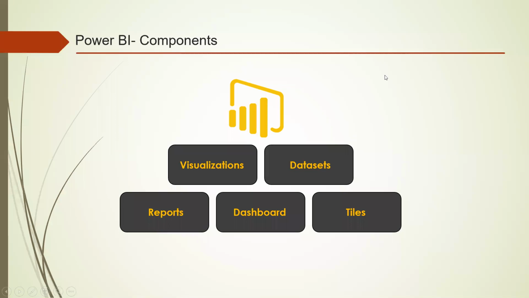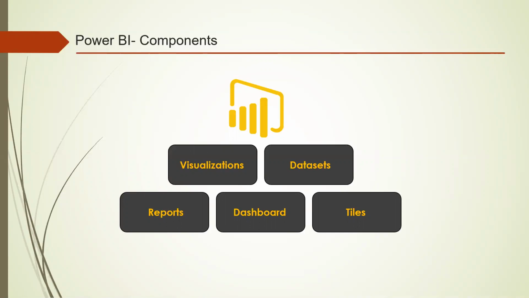Now it's very important for us to know the components of Power BI. There are 5 basic components of Power BI desktop. The first one is visualization, which is nothing but a collection of data represented in a visual form. The data set is a collection of data which is used for visualization. A report is data presented in a visual form in a single report or a number of pages in a particular report.